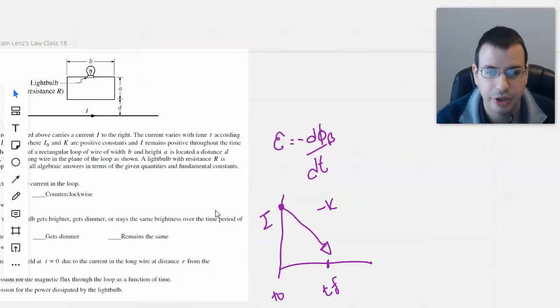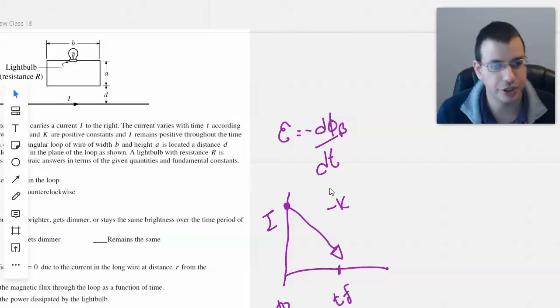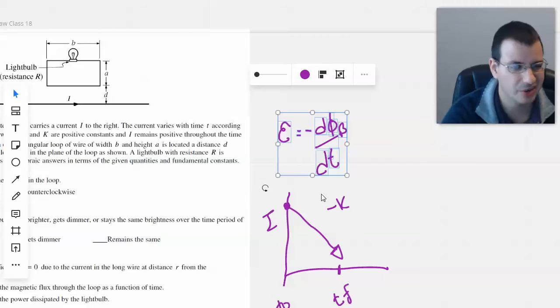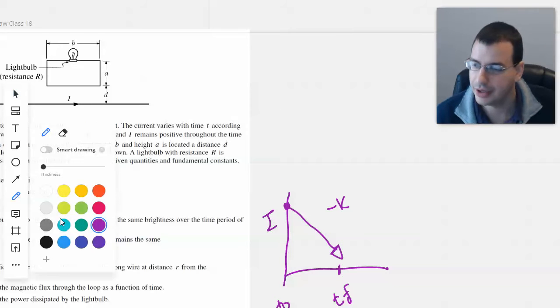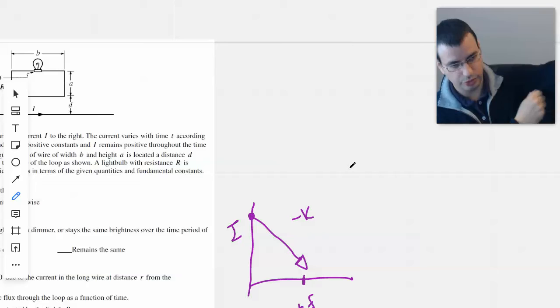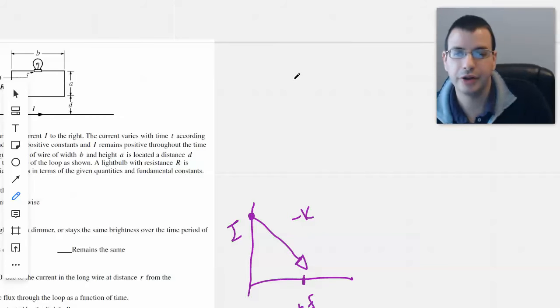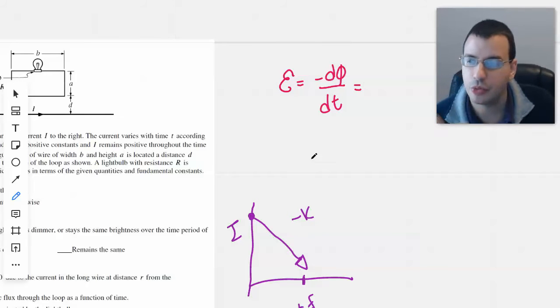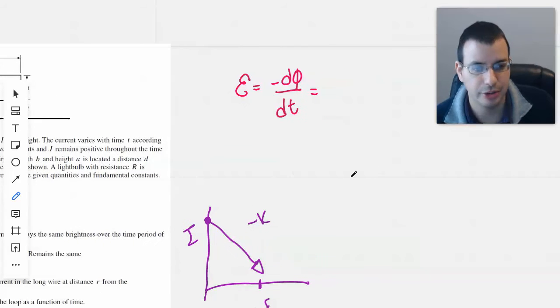Okay, so we hear current in the loop, we're going to think of Lenz's law. So I'm going to erase Lenz's law just because I don't like the way that one is written. Ooh, red. So, electromotive force equals negative d flux dt. And I'm going to write this out just a little bit more.